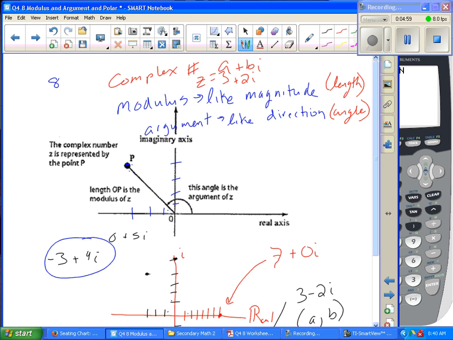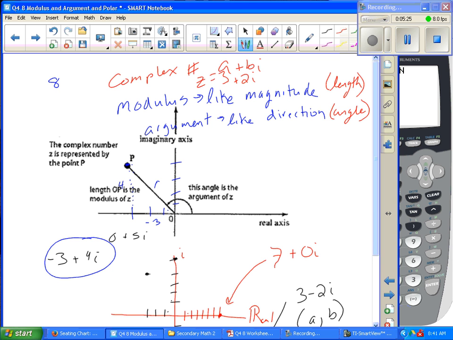If you make a triangle, and always make the triangle to the x-axis, then I can do a squared plus b squared equals c squared. Sometimes we'll call this r for radius, because sometimes we deal with circles. I'm just going to call it r for radius. So this squared plus that squared equals r squared.